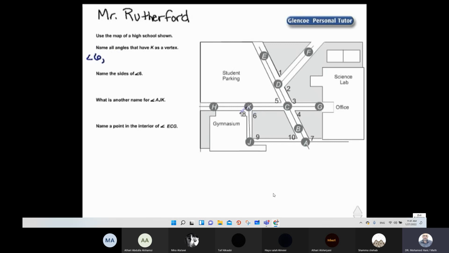Next we can say we have angle 8. Notice here we also have angle HKJ. And finally we have angle JKC.